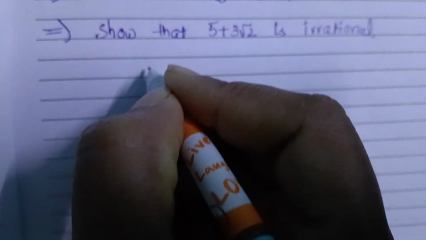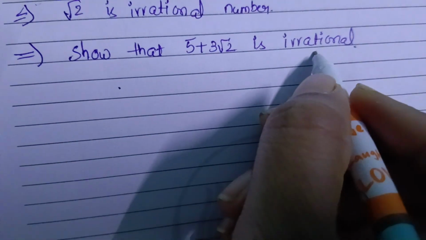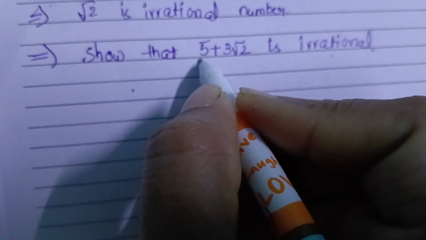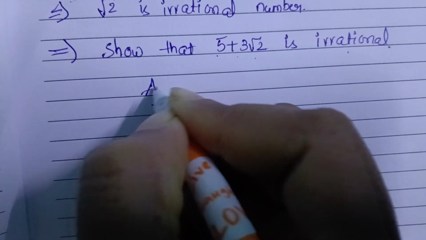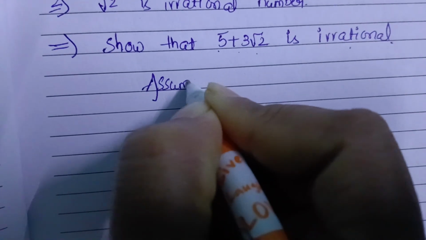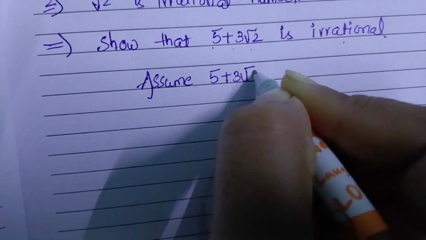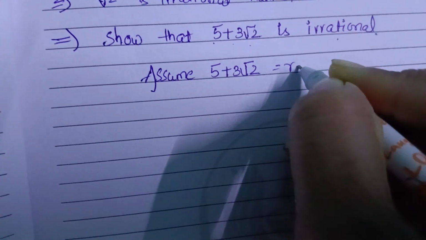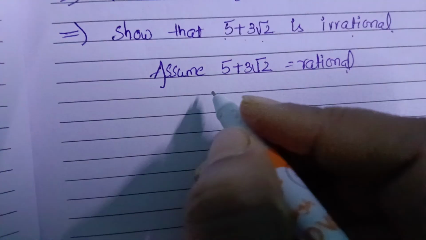Okay, write this here. So we know the process, right? To prove it is irrational, first we have to assume this number as rational. So assume 5 plus 3 root 2 as rational, right?